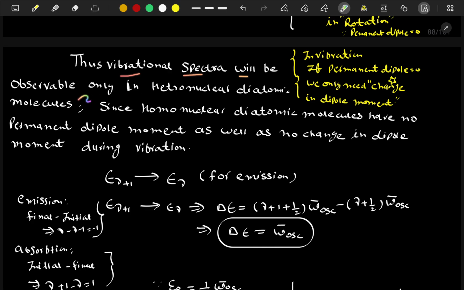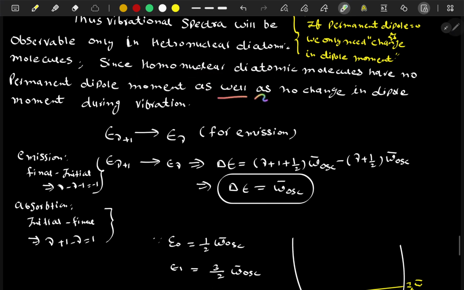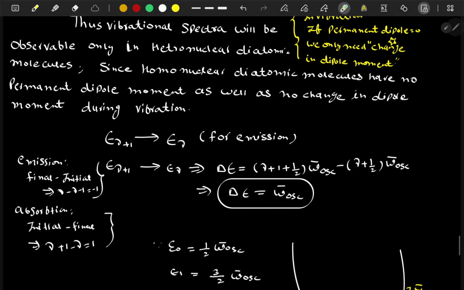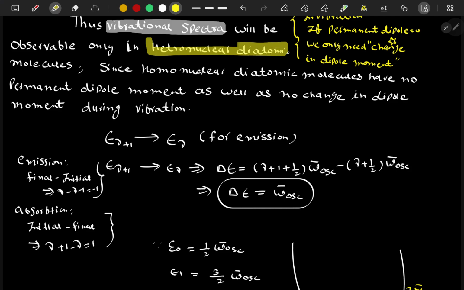Thus vibrational spectra will be observable only in heteronuclear diatomic molecules, since homonuclear diatomic molecules have no permanent dipole moment as well as no change in dipole moment during vibration. Vibrational spectra are observable only in heteronuclear diatomic molecules. Why not in homonuclear?